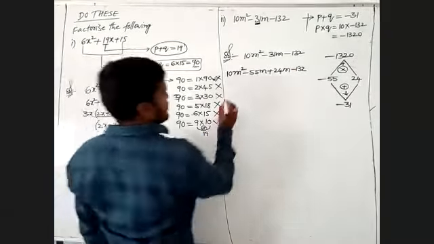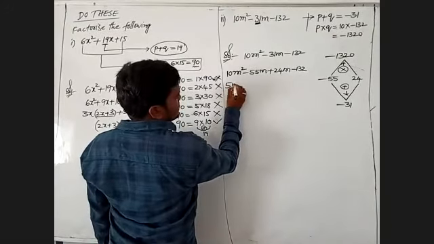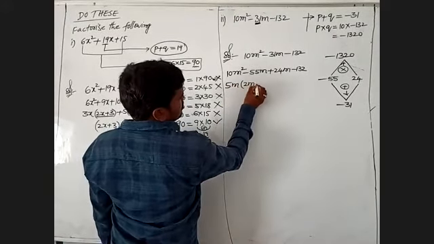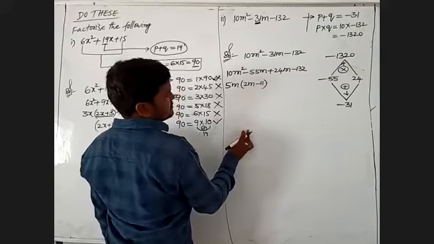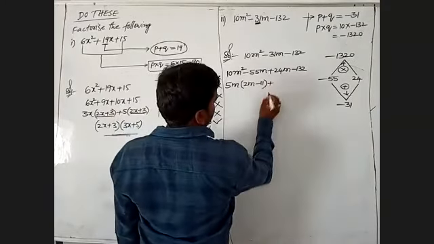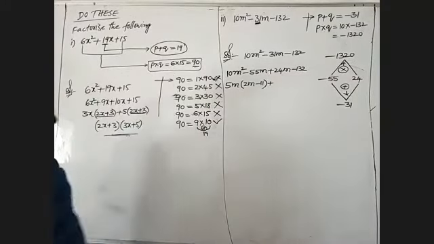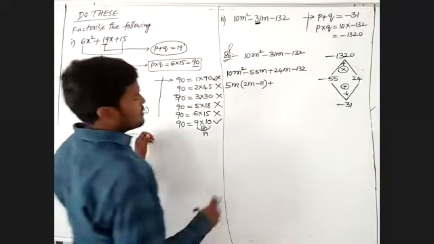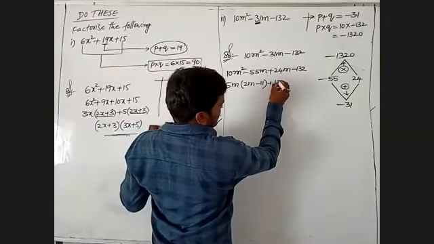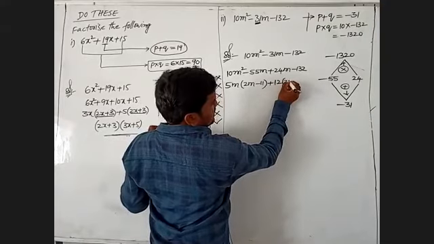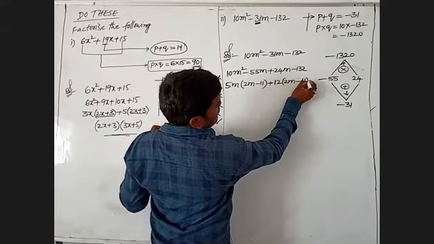In this one, I will take 5m common, remaining is 2m minus 11. After in this one, I will take 12 common. 12 into 2 is 24, 12 into 11 will become 132.